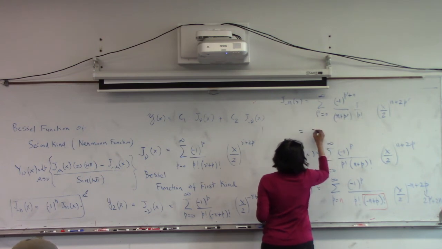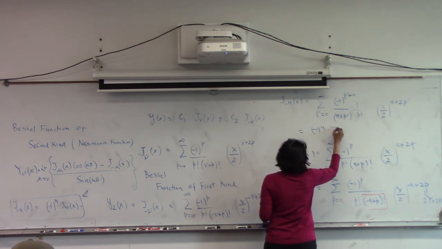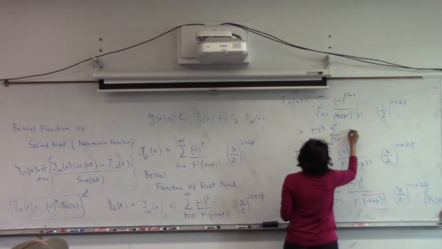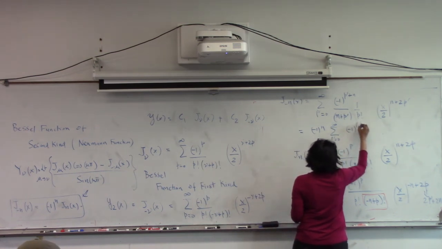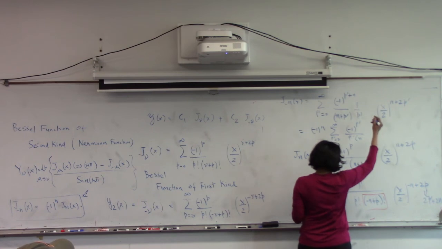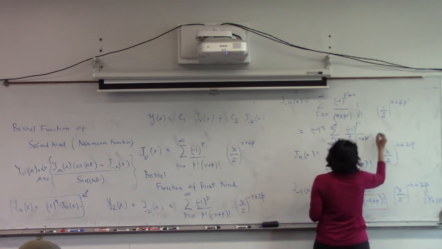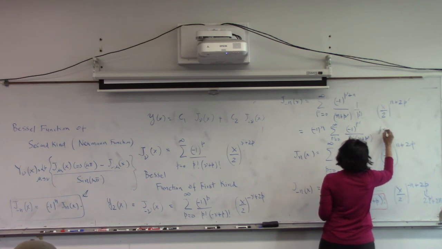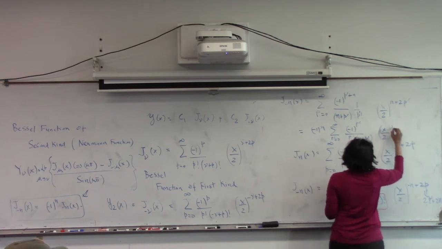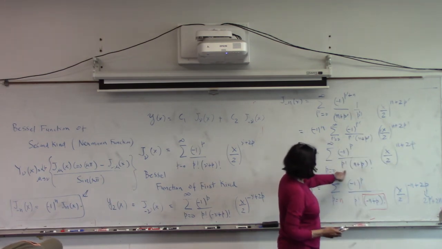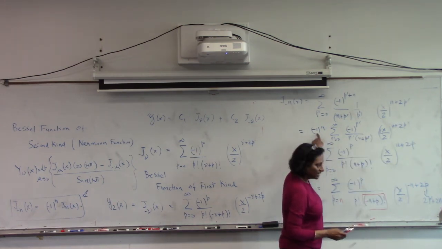So I can put minus 1 for n outside, summation of p prime going from 0 to infinity, negative 1 for p prime, n plus p prime, x over 2, n plus 2p prime, which is the same as j of nx.